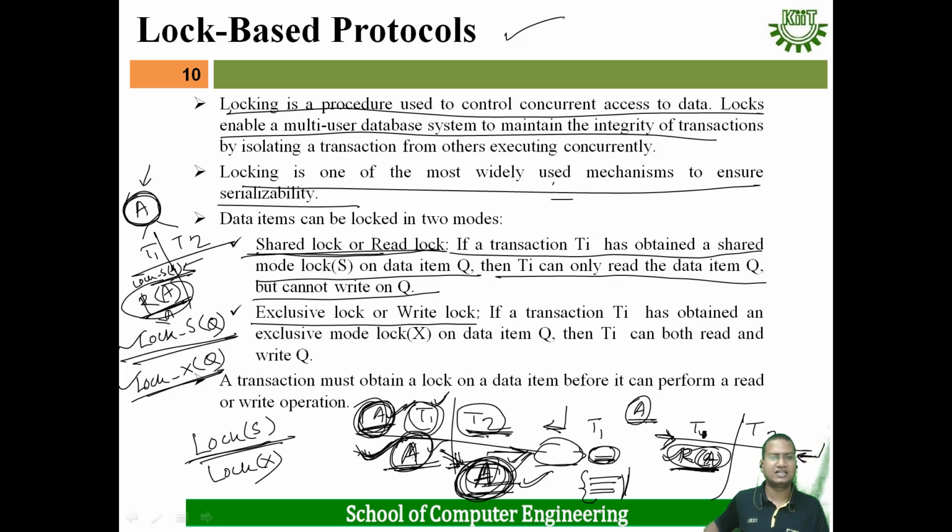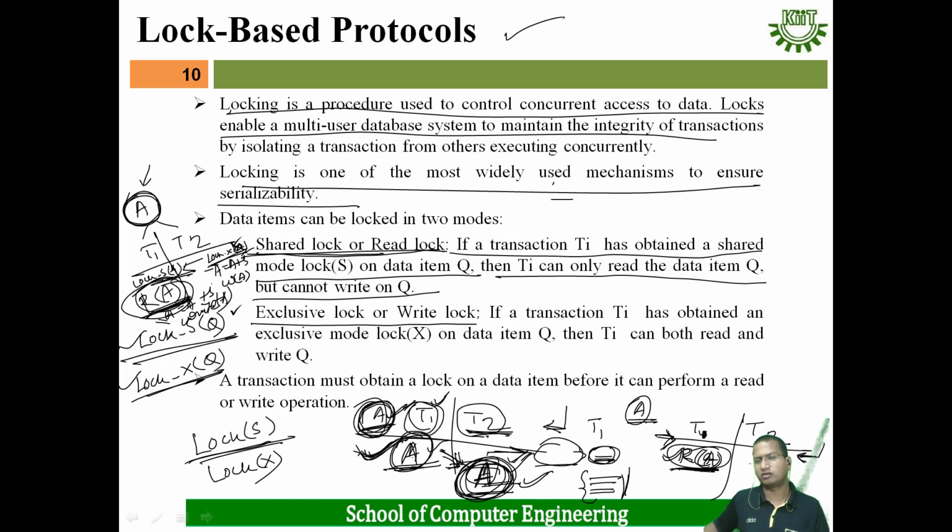It cannot write A is equal to A plus 5, write A. It cannot do like that. It can only read the data item A using this shared lock or read lock. Similarly, whenever the T2 transaction wants to write some value on data item A, A is equal to A plus 5, write A, then before that it wants to apply a write lock on A. That's why it will request lock X on A from the concurrency control manager.